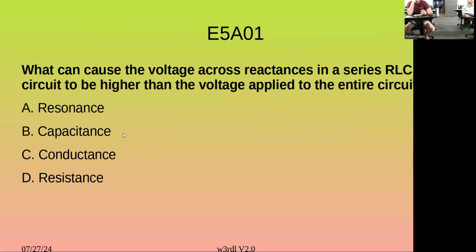What can cause the voltage across reactances in a series RLC circuit to be higher than the voltage applied to the entire circuit? This is an easy one. That's what we're talking about. Resonance.